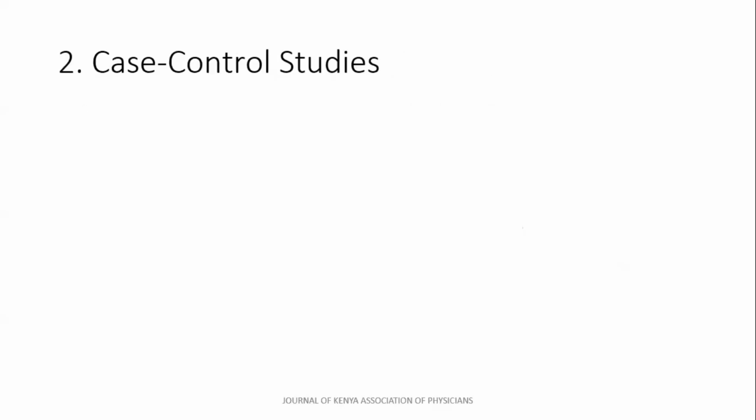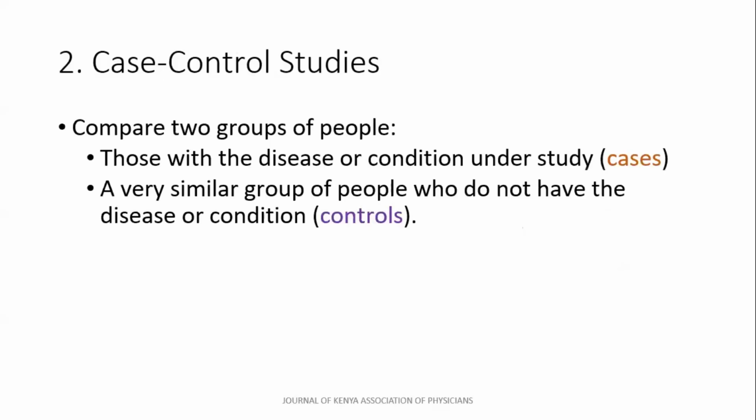So next we look at case control studies. So case control studies are a type of observational studies that compare two groups of people. So number one, those with the disease or condition under study, these are called cases. And then a very similar group of people who do not have the disease or condition, and these are called controls.